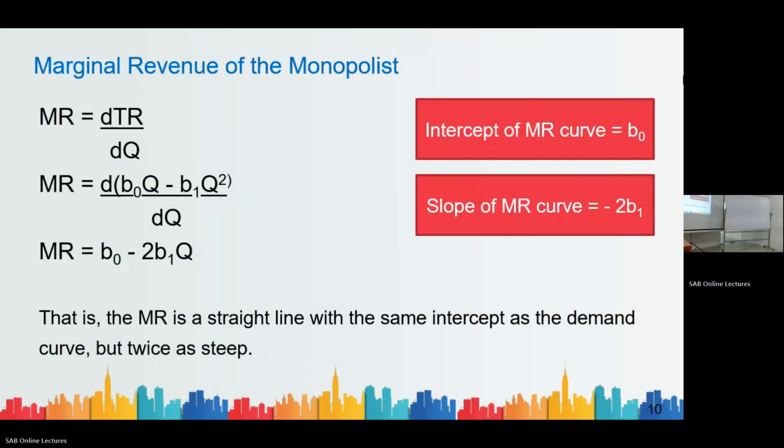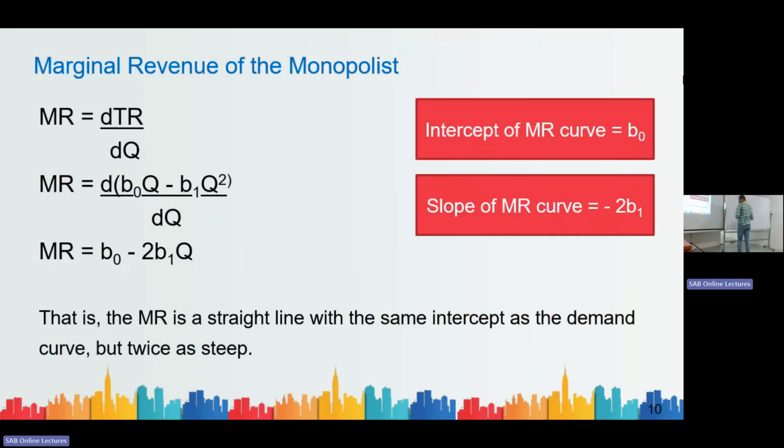So we learned that the marginal revenue curve is twice steeper than the demand curve. So if we assume a downward sloping straight line as the demand curve, and let's say we give a function for that, P equals 10 minus 0.2Q.